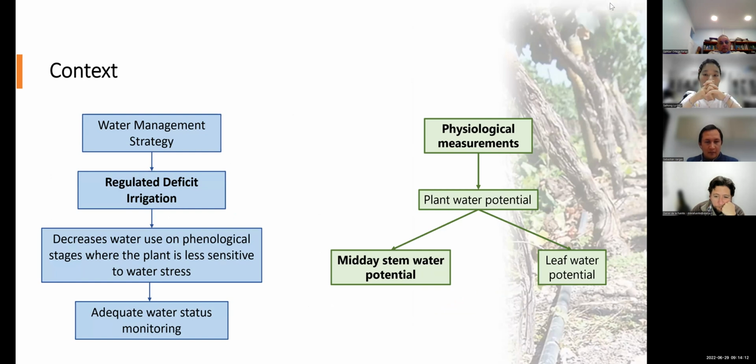But it requires adequate water status monitoring in order to avoid imposing a severe water stress on the plant, generating permanent damage. In this sense, there are several physiological measurements that are used for this, among which plant water potential stands out. And in this case, we have two types of measurements that are widely used, which are midday stem water potential and leaf water potential.